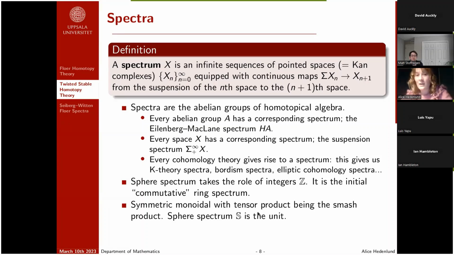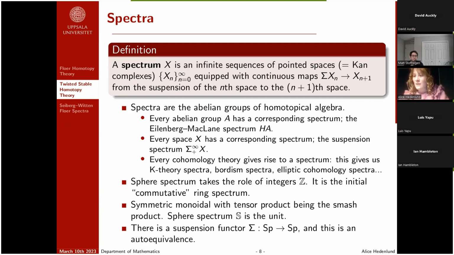So really, you need to modify this slightly. There are many different modifications you can do to make this true. You can work with symmetric spectra, orthogonal spectra, S-modules, and things like that. I'm going to sweep that under the rug and just say that we have this God-given category of spectra, and it has a symmetric monoidal structure.